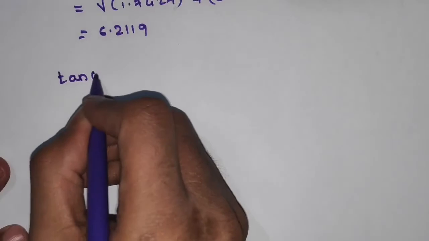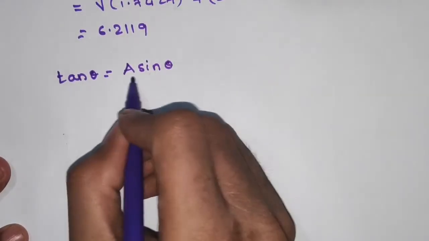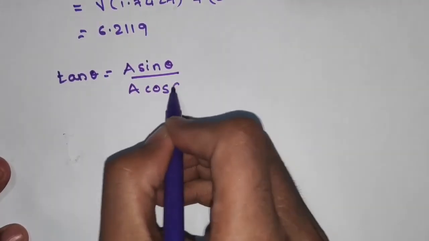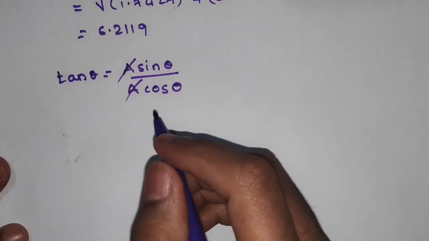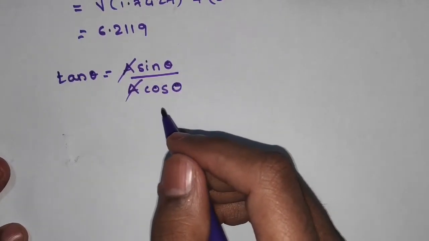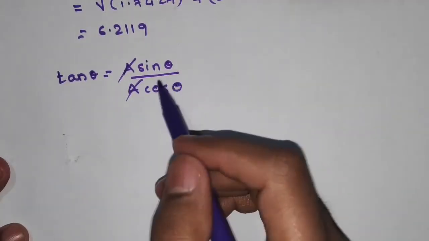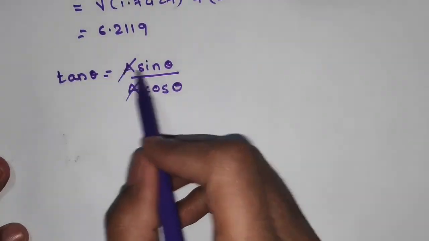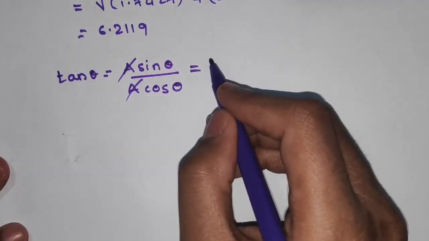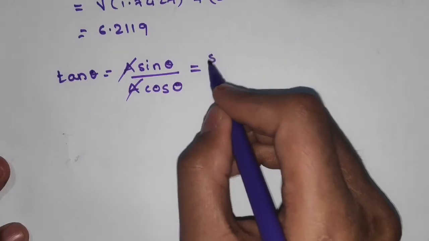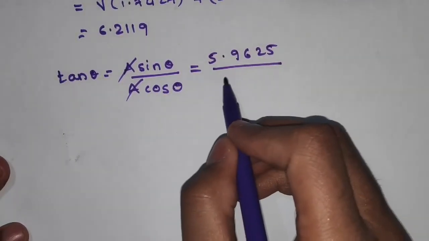The next step is to calculate theta. So tan theta can be written as a sin theta divided by a cos theta, so the a terms get cancelled. Or else we can write this in terms of a sin theta and a cos theta, whose values we know as 5.9265 divided by 1.7427.